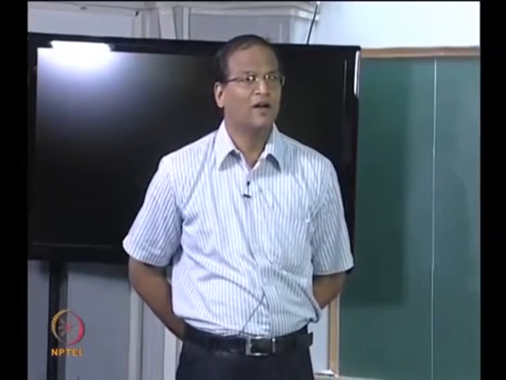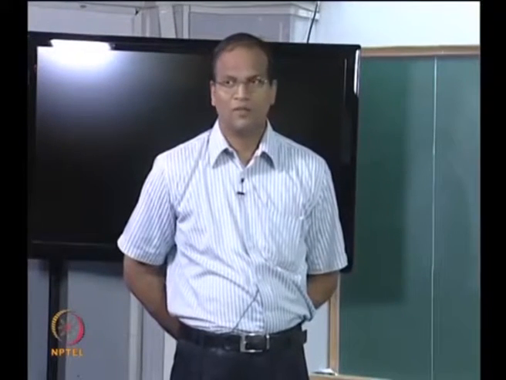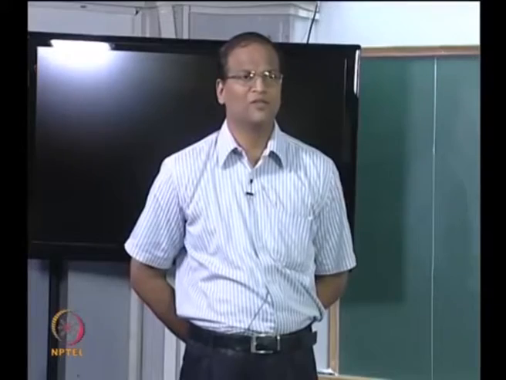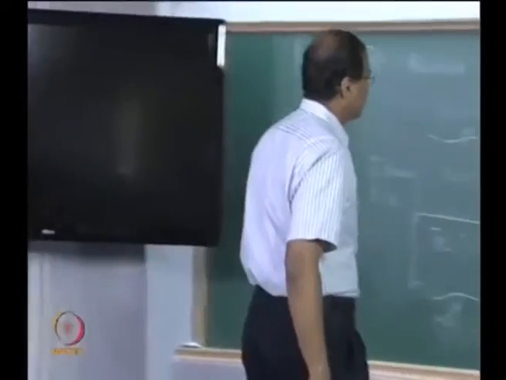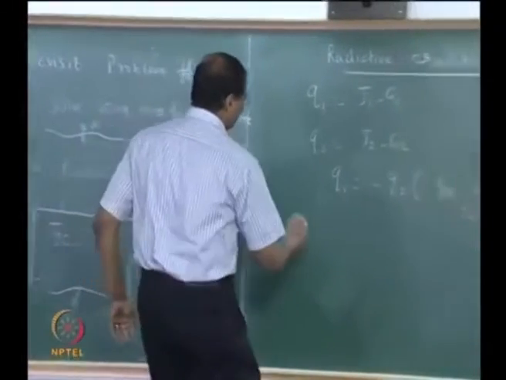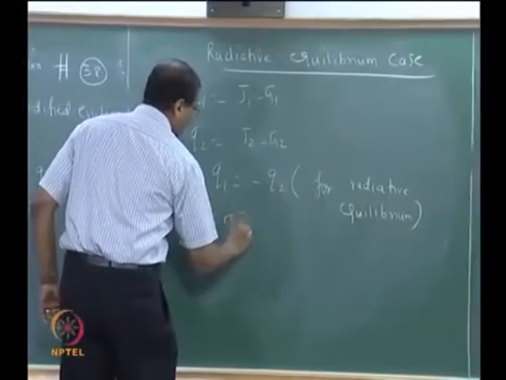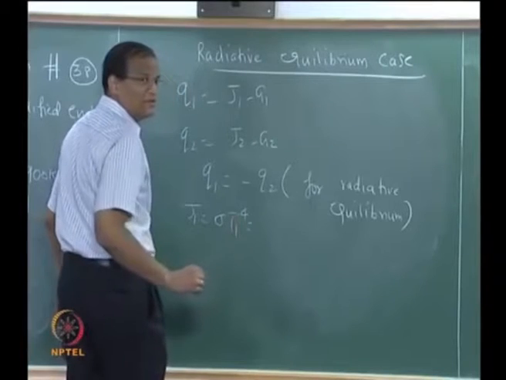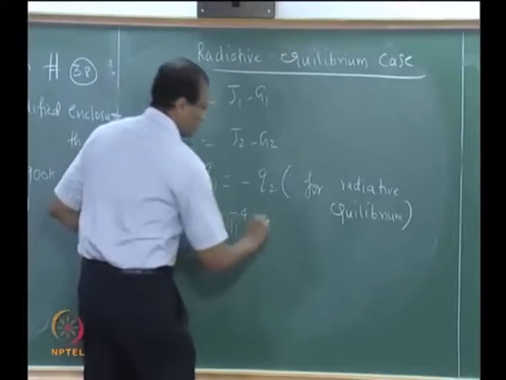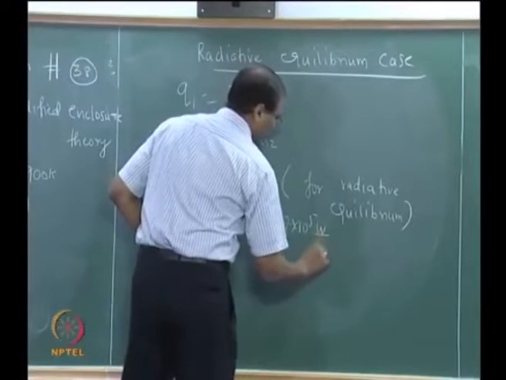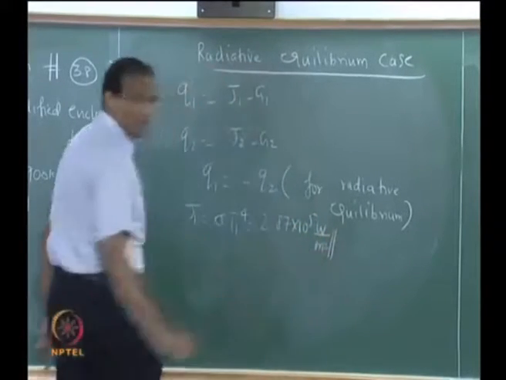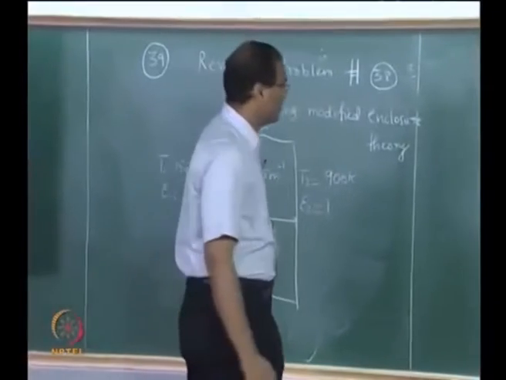It will be the arithmetic mean of Q1 plus Q2. Okay, finally, what is 1300 and something? 1300, we will do that. Okay. So, what is J1? Same as before? Okay.